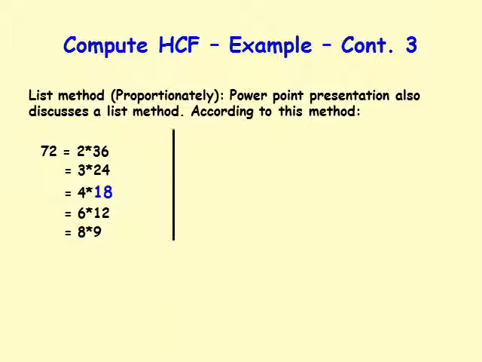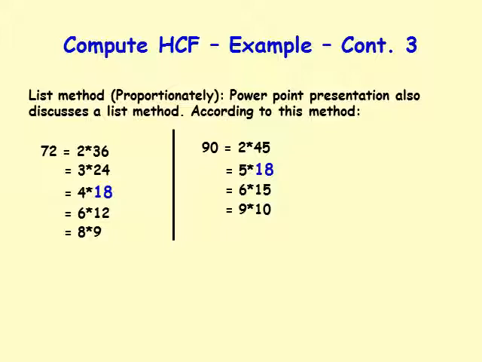And 90 is 2 times 45, 5 times 18, 6 times 15, 9 times 10. 18 is the common factor here, 18 here and 18 here, and we use the highest factor, so 18 is the highest common factor.